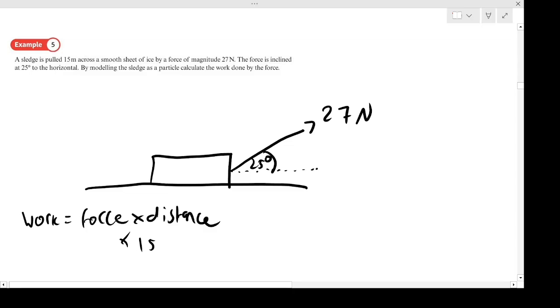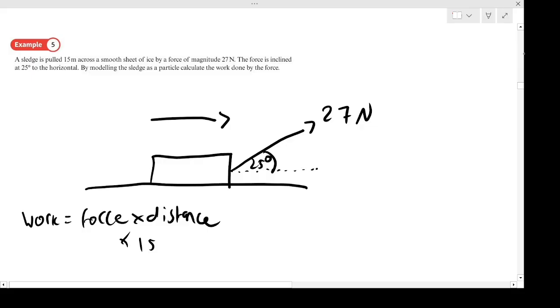Because it's at an angle, the whole idea of work is the energy to move an object in a particular direction. The sledge is moving straight ahead. The problem is this force isn't straight ahead, it's at an angle.